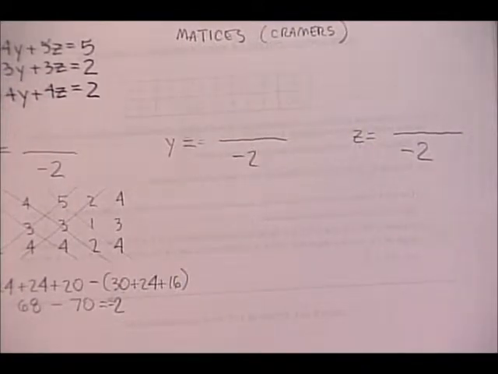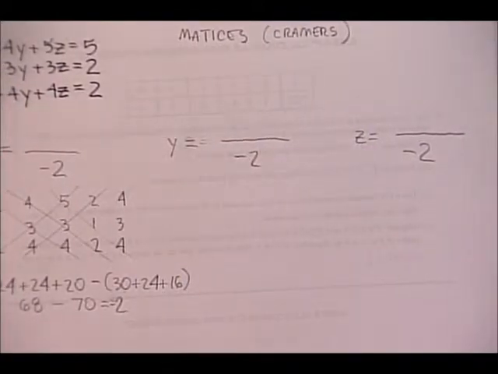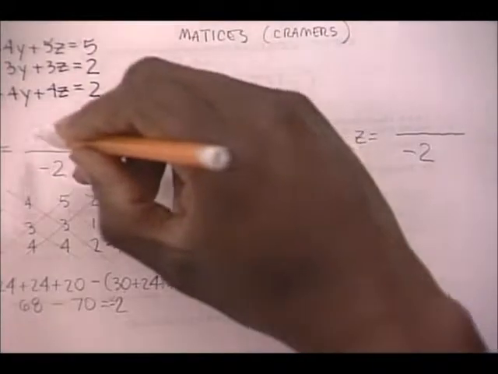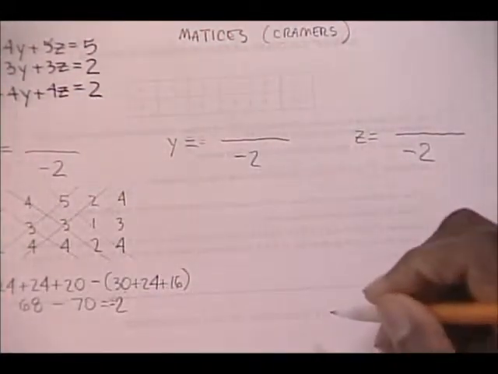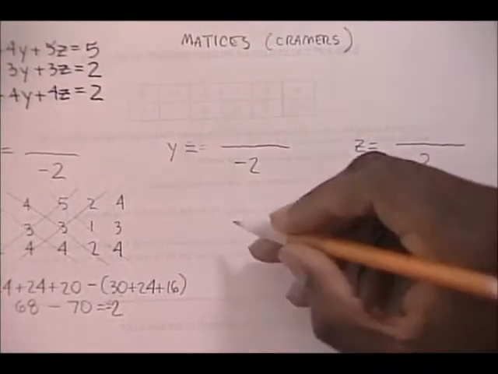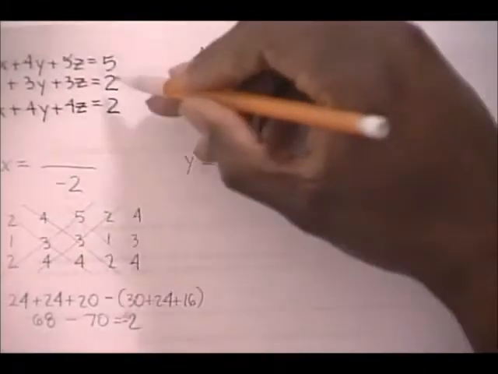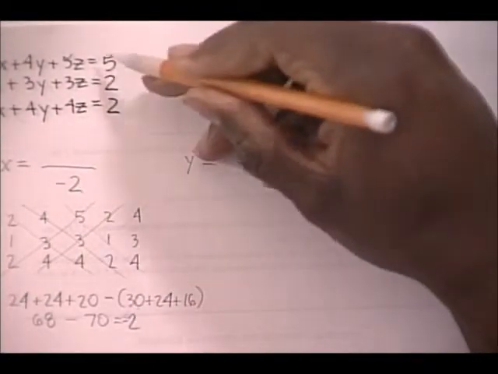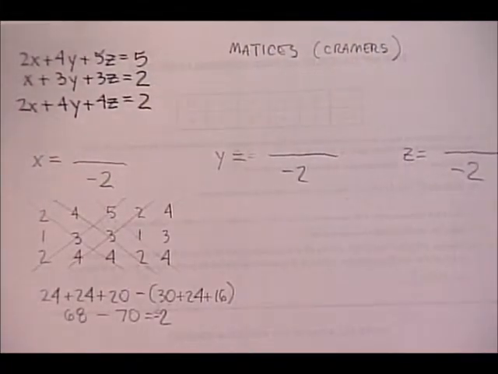Now we're going to determine the numerator of the x value of your solution. The way you do that is you substitute this column 5, 2, 2 into the x column of your matrix.